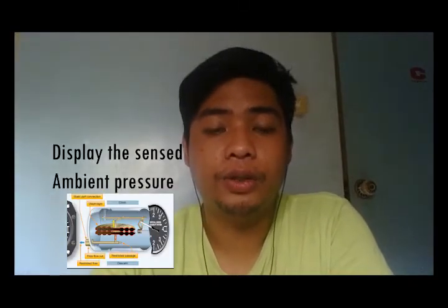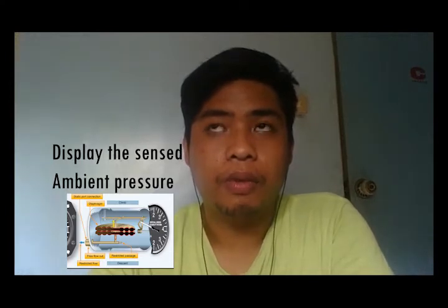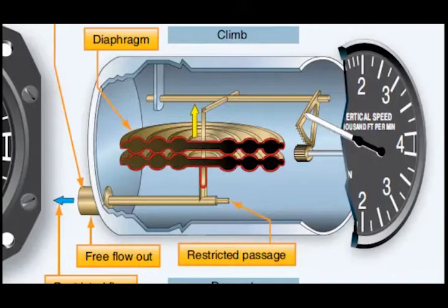After the static port senses the ambient air pressure, the air is plumbed through the back of the panel and into the back case of the altimeter. Inside the altimeter, you will see a sealed disc called an aneroid, or sometimes called bellows. As you go up, the pressure inside the case decreases and the aneroid or the bellows expand.